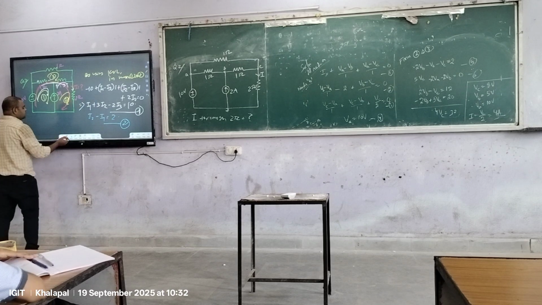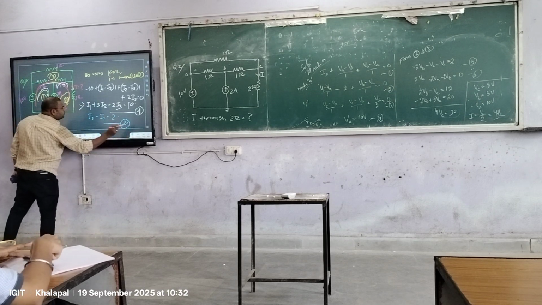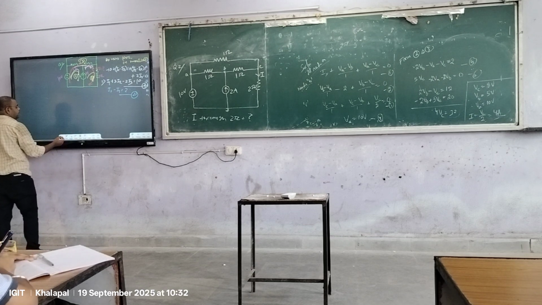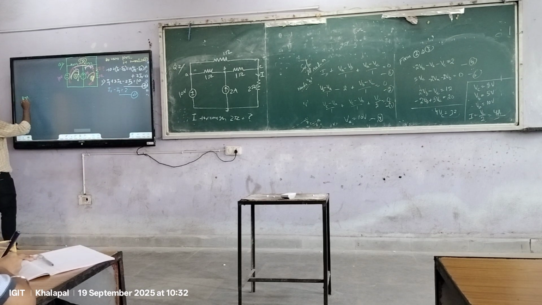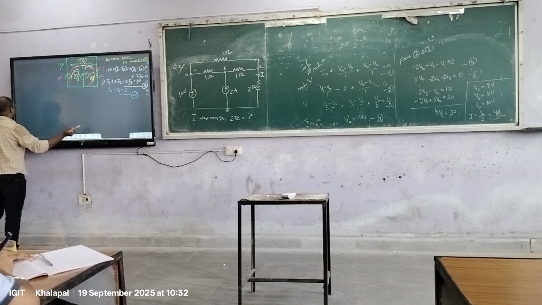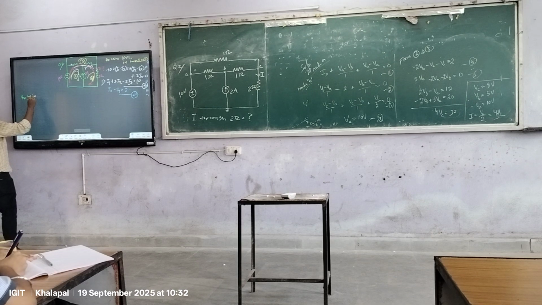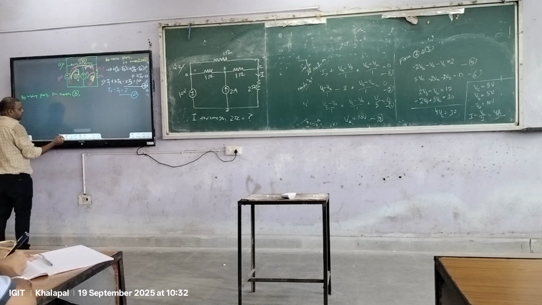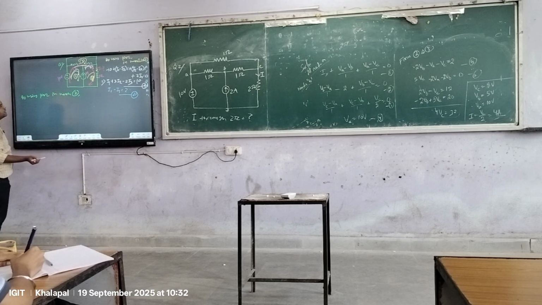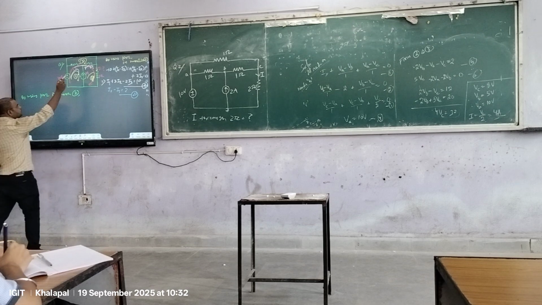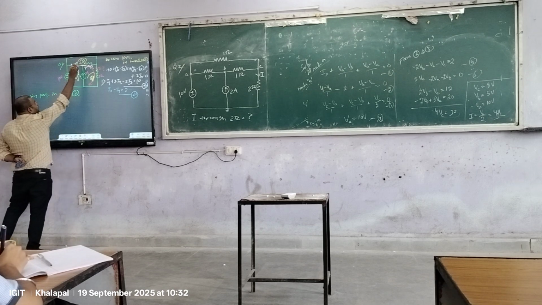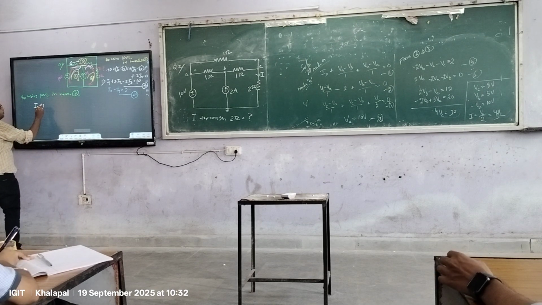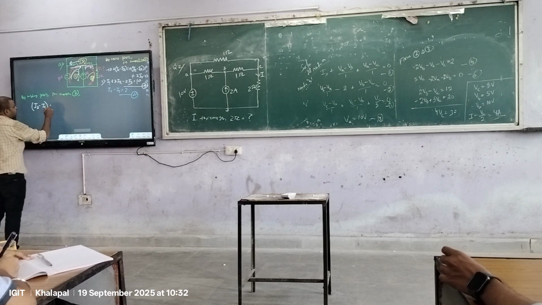Now going to mesh 3. Tell me, what will be the mesh 3 equation by using KVL? Mesh 3 means this one. The first one is, in the direction I3, this one is I1, so I3 minus I1 into 1.